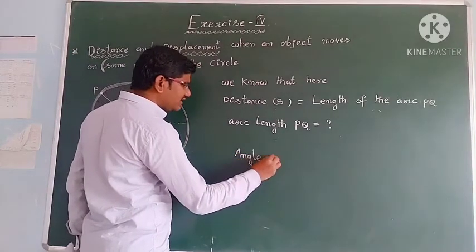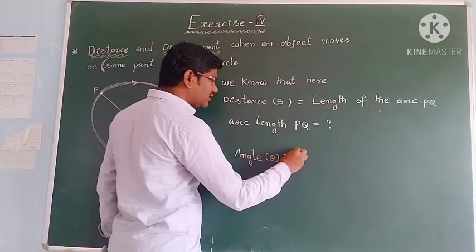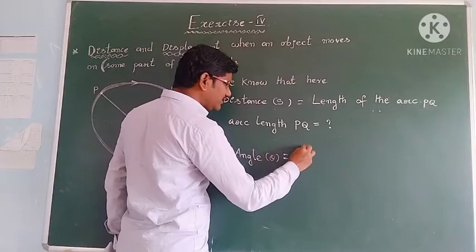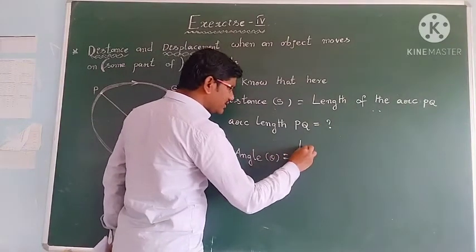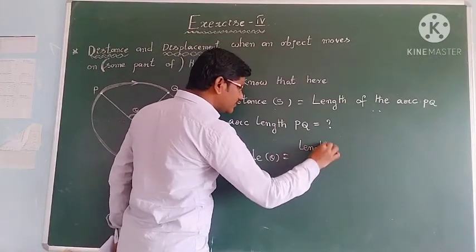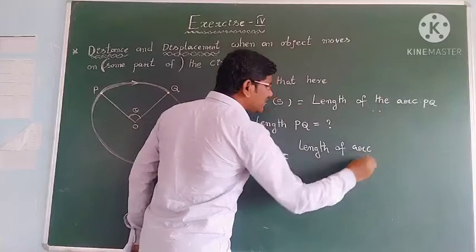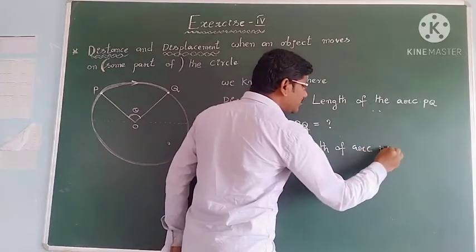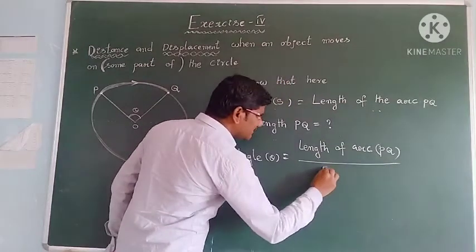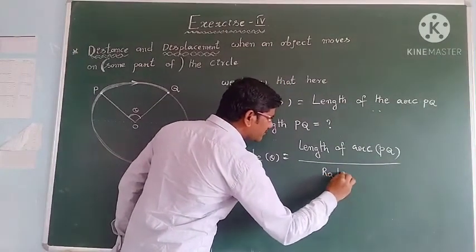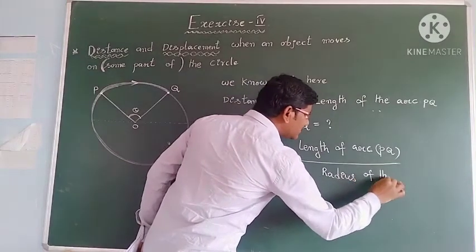Angle theta is equal to length of arc PQ by radius of the circle.